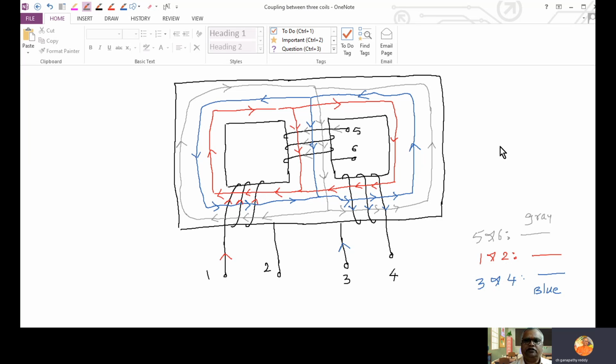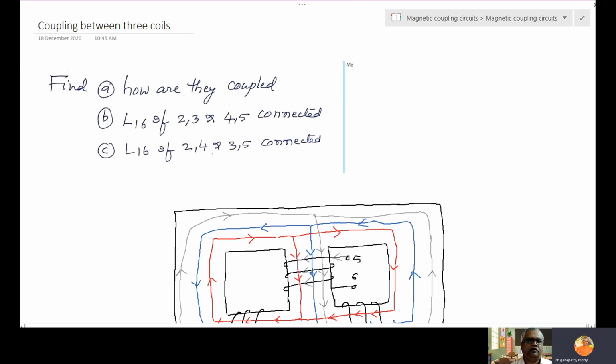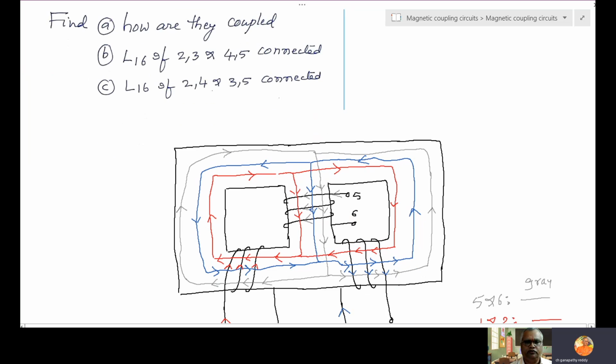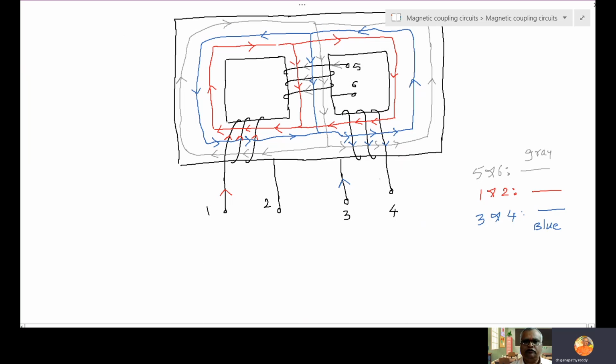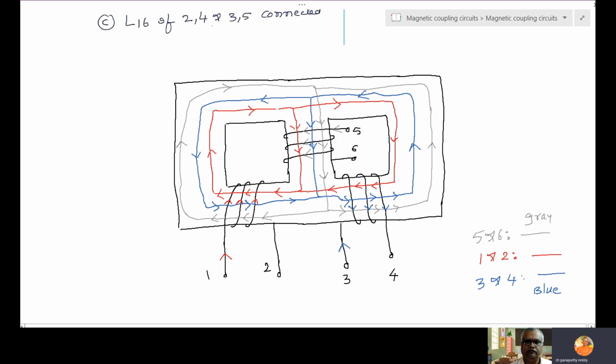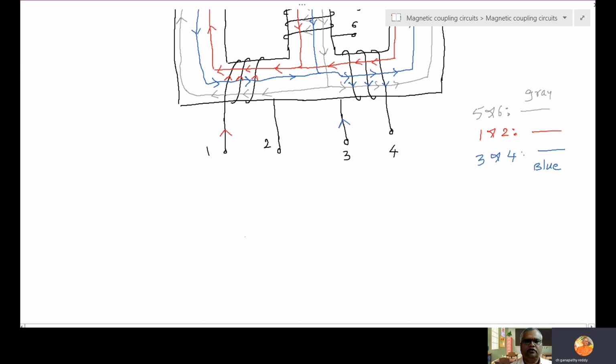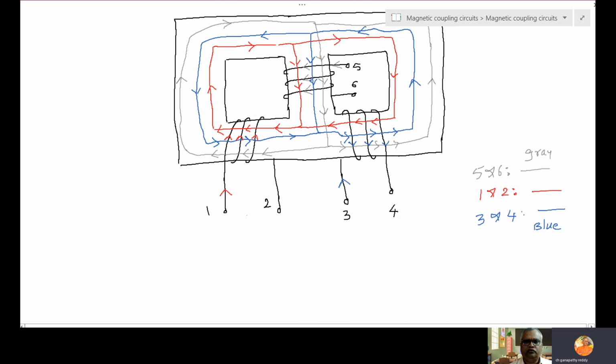Now the question is, how are they coupled? You have to answer. 1, 2 and 3, 4 coupled, 3, 4 and 5, 6 coupled, 1, 2 and 5, 6 also coupled. To answer how 1, 2 and 3, 4 are coupled, you observe 1, 2, 3, 4.